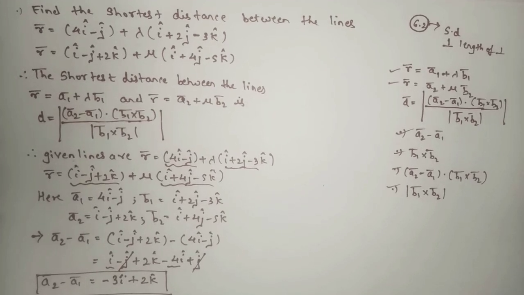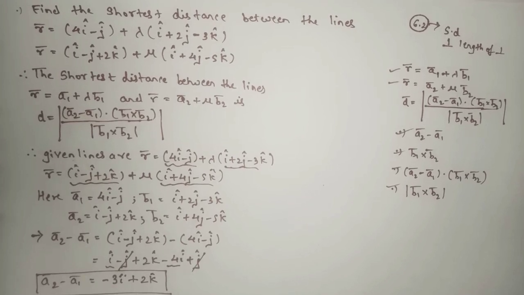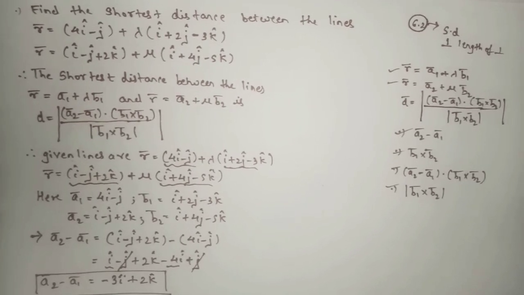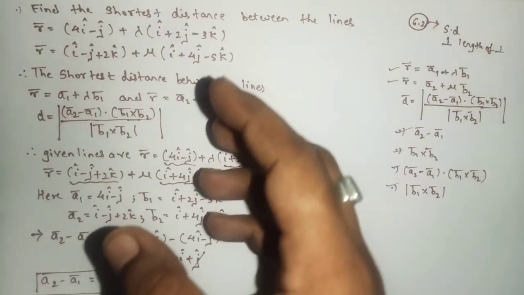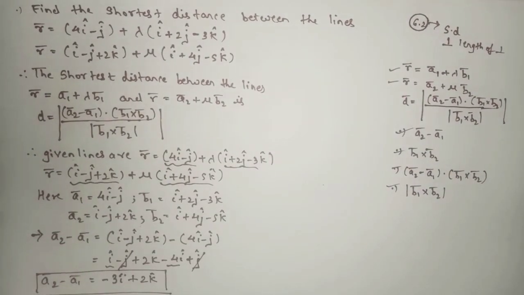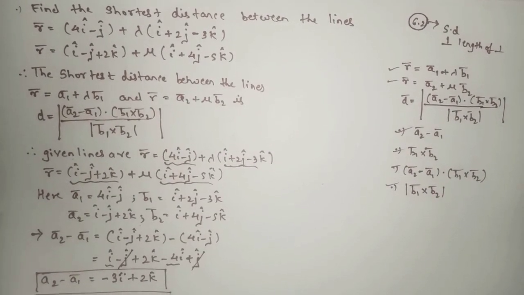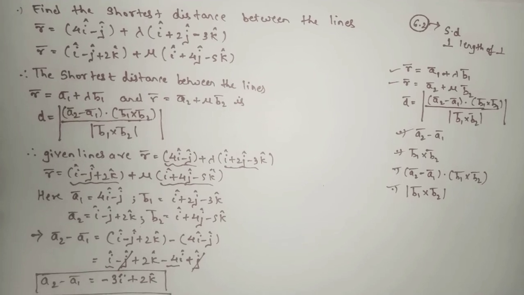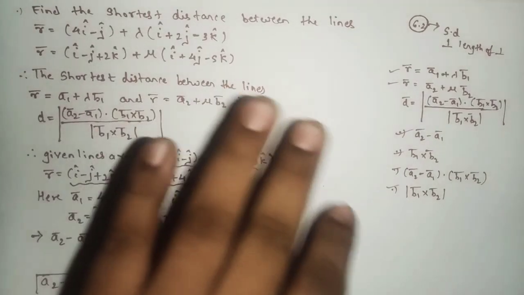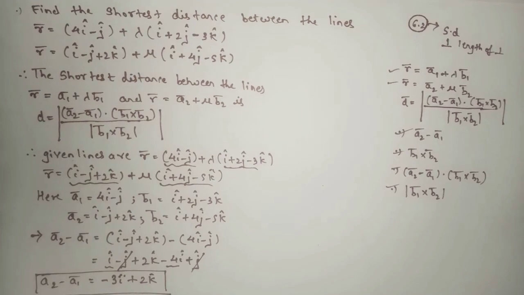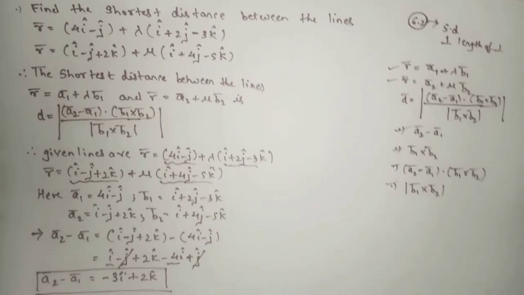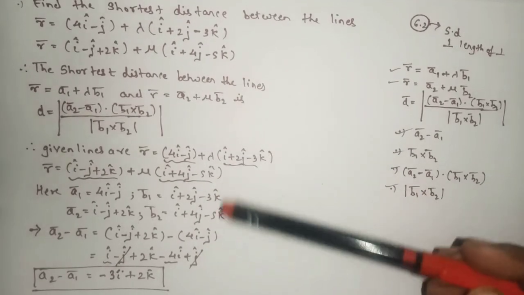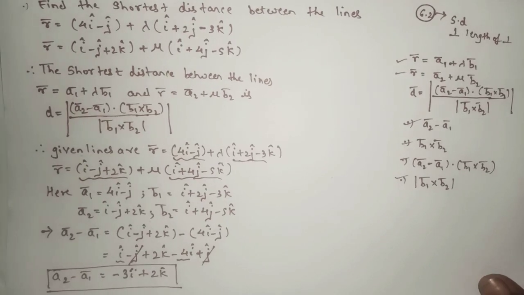I hope you all understood the sum. Suppose they ask to check whether the two given vectors are intersecting or not, along with finding the shortest distance. The procedure will be the same.